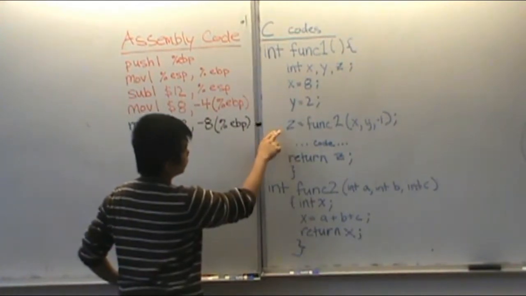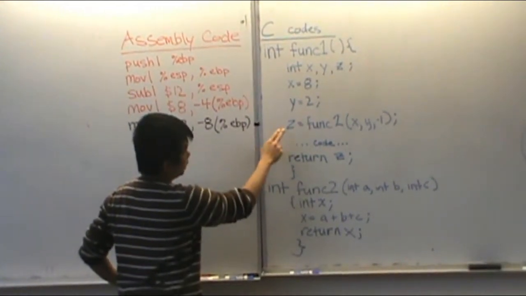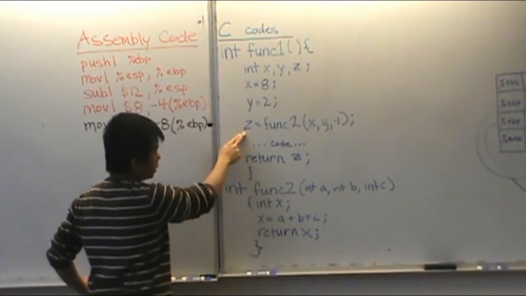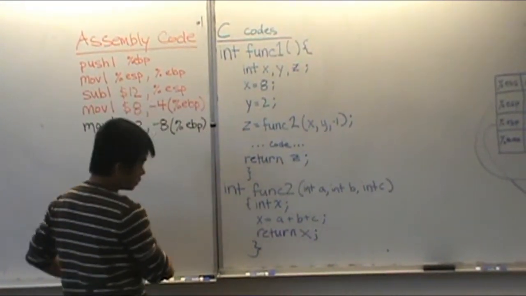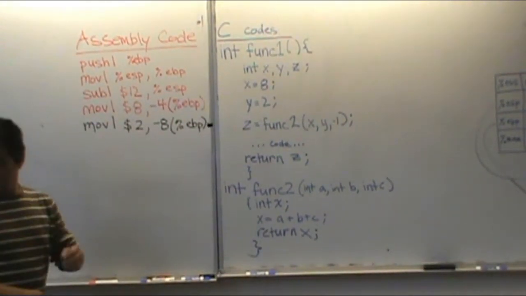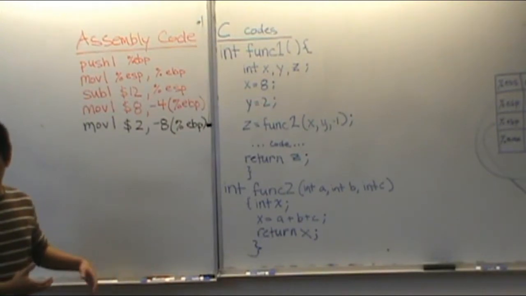Next, it will be calling this function, and then the return value of this function will be stored into z. So, first thing we need to do is push anything valuable that we need.